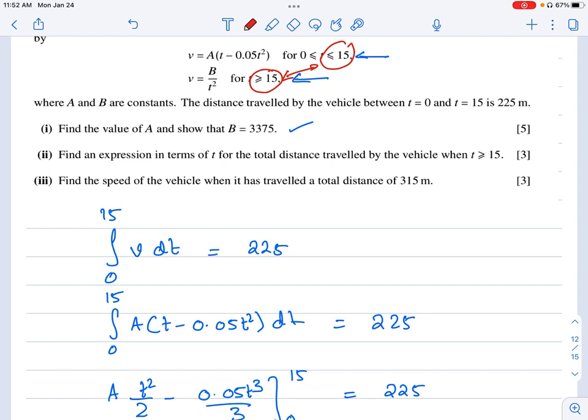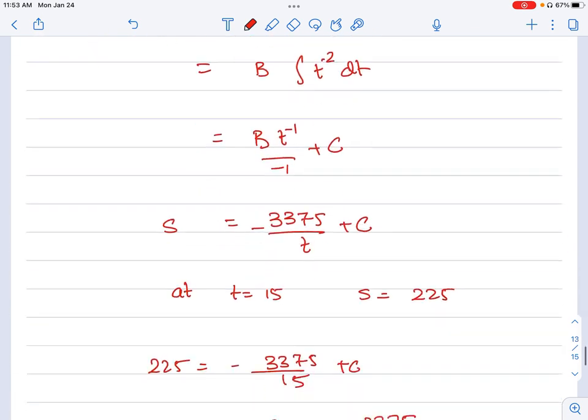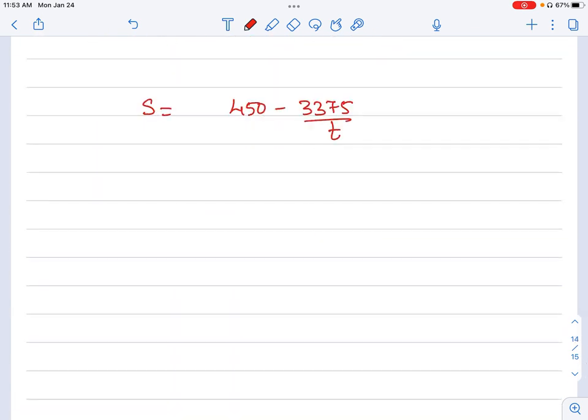Find the speed of the particle when it has traveled a distance of 315 meters. Now that is more than 225, so we take the second equation, with the distance equal to 315. From there, 3375 upon t is equal to 450 minus 315, which is 135.